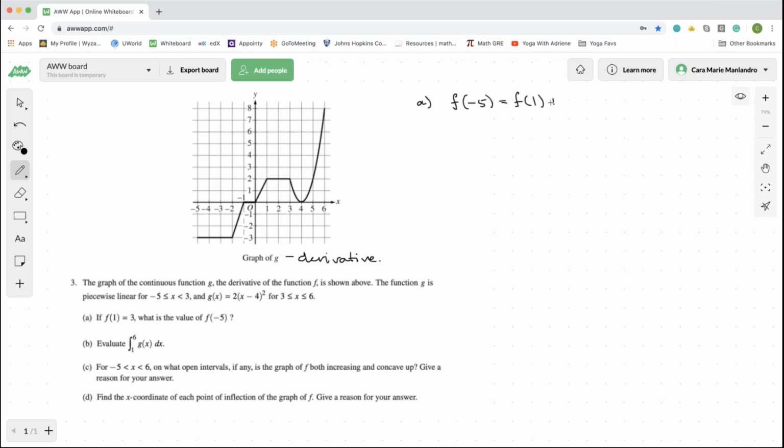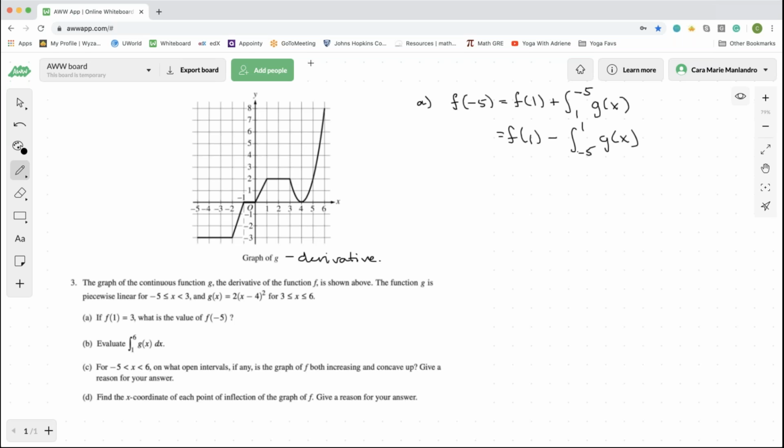So our f of negative 5, you always start with where you are. So f of 1 plus the area from 1 to negative 5 of g of x. And then I'm going to flip this around so that the bounds make some physical sense. This becomes negative 5 to 1 of g of x. When you flip the bounds, you change the sign.